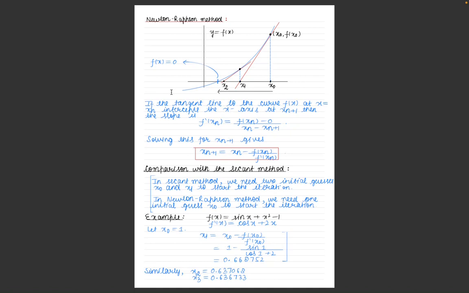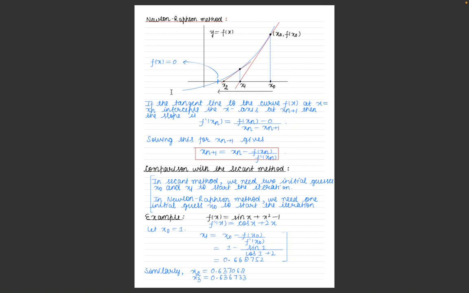Solving this for xn plus 1, it gives xn plus 1 equal to xn minus f of xn upon f prime xn.